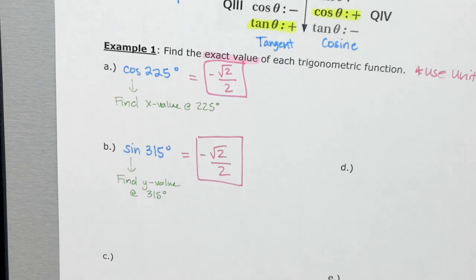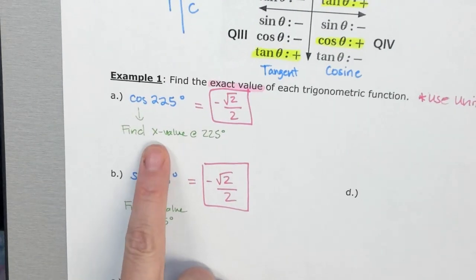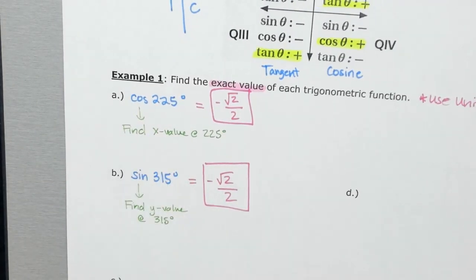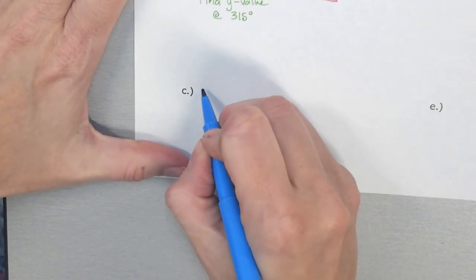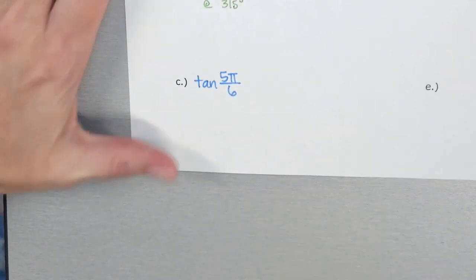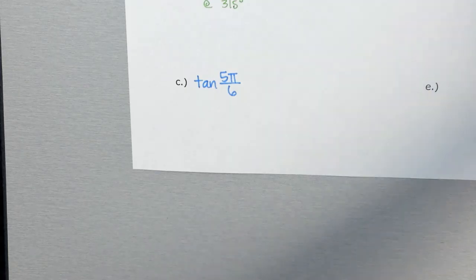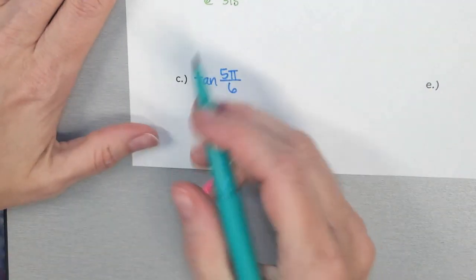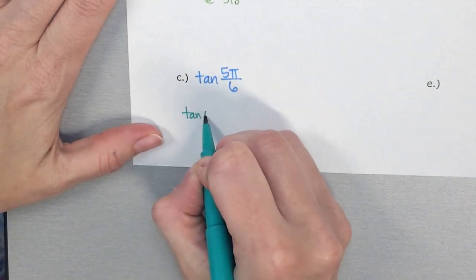All right. Anytime it's cosine, you find the x value. Anytime it's sine, you find the y. The next value we're going to find is the tangent of 5 pi over 6. Remember from yesterday, to find the tangent, what do we have to do?